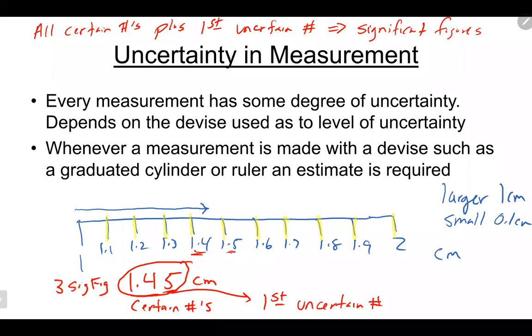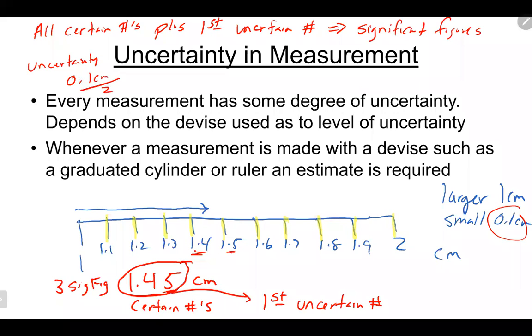Now, to answer your question, sometimes what people report with their measurements is the degree of uncertainty for that particular piece of equipment. The way that you can figure out the uncertainty in equipment is to take the smallest markings, which in this particular case is 0.1 centimeters, and divide it by 2.